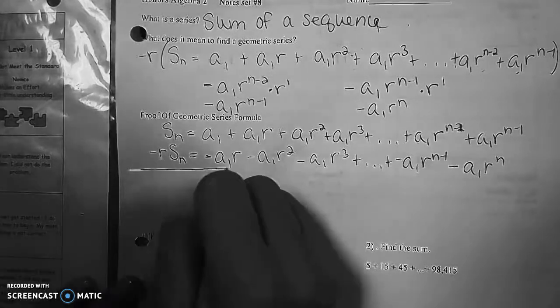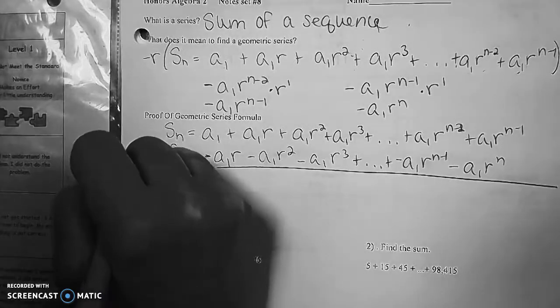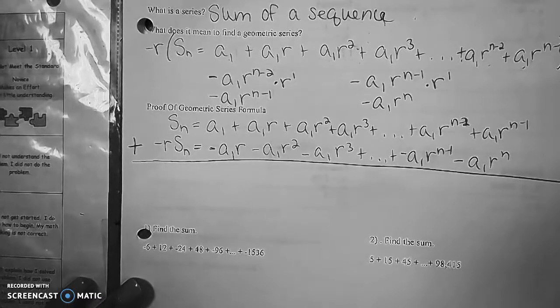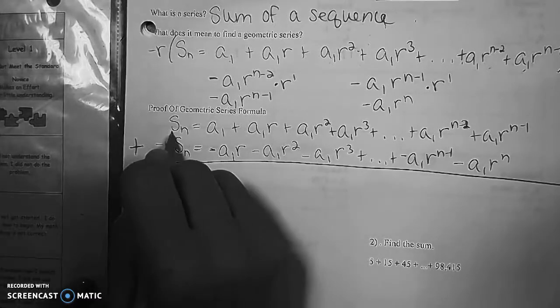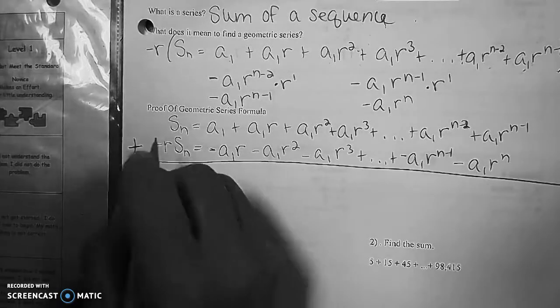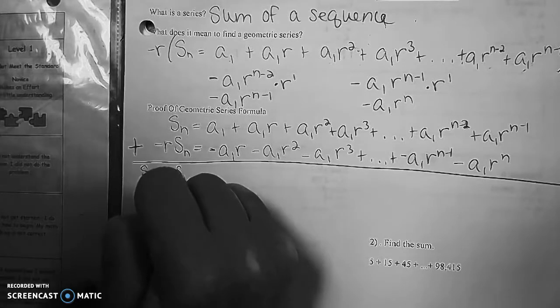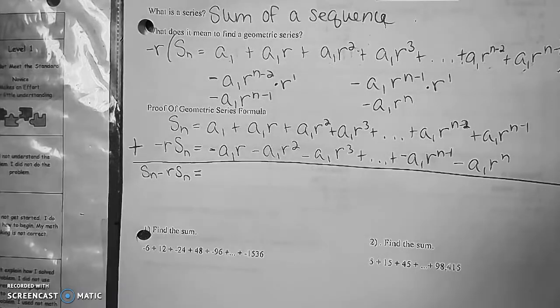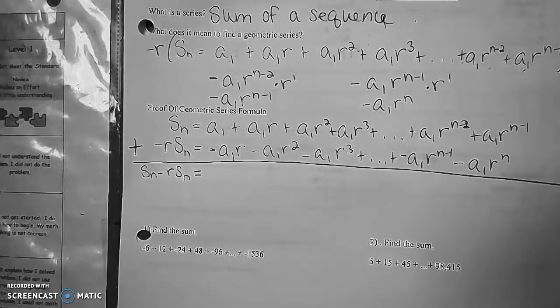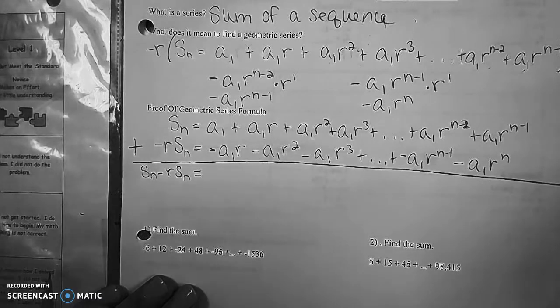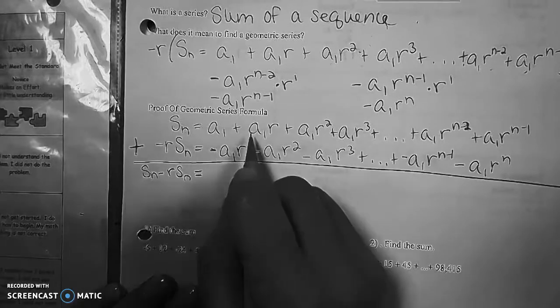Again, this is a formal proof, so I'm going to add these equations together. I'm deriving a formula here. So S sub n minus R S sub n. Not a whole lot I can do with that. Take just a minute and notice what happens if you start adding these together. Don't you have some like terms that will cancel out?